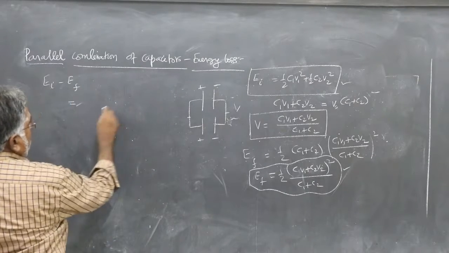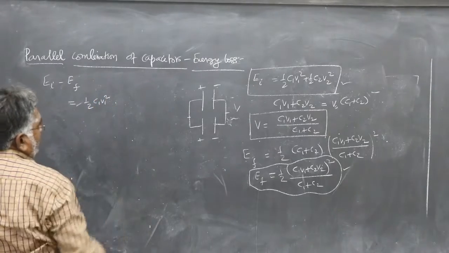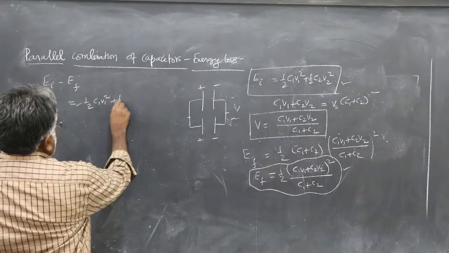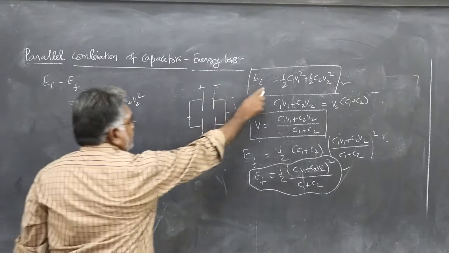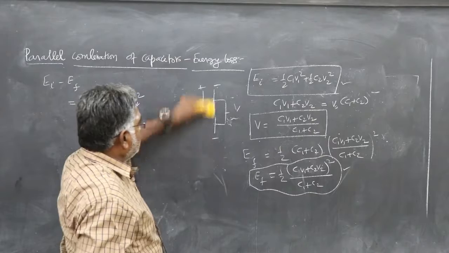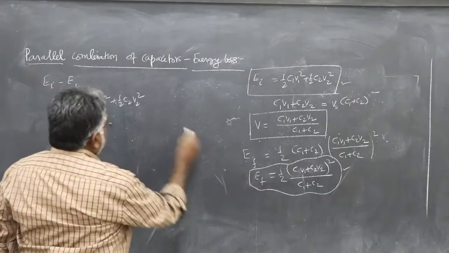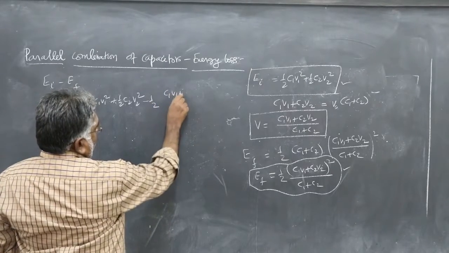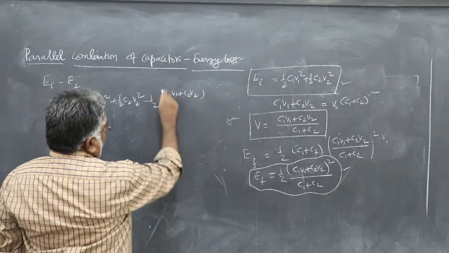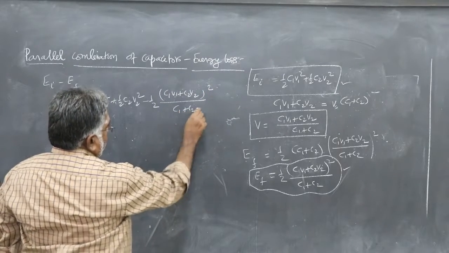So E initial is half C1 V1 square plus half C2 V2 square. I think I can remove this diagram. Then E final is this, so minus half (C1 V1 plus C2 V2) the whole square divided by C1 plus C2.